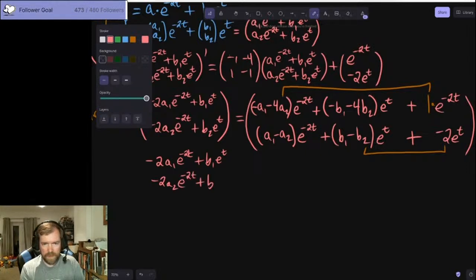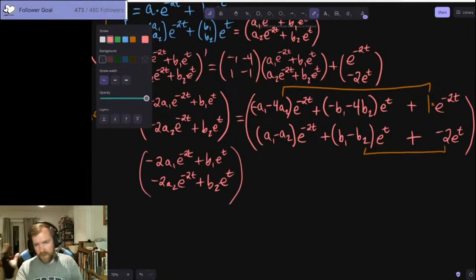And then we can just solve component-wise, just like we did before when we were talking about partial fraction decomposition. Same deal as up above, with the null space solution dropping out. Because these two things are equal to each other, we can set them equal in their own special equation and worry about the other stuff in its own equation. So in this particular case, we're just going to take our stuff that has e to the negative 2t and deal with it, and stuff that has e to the t and deal with it.